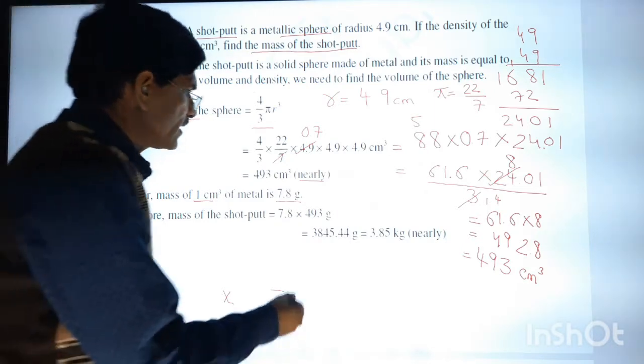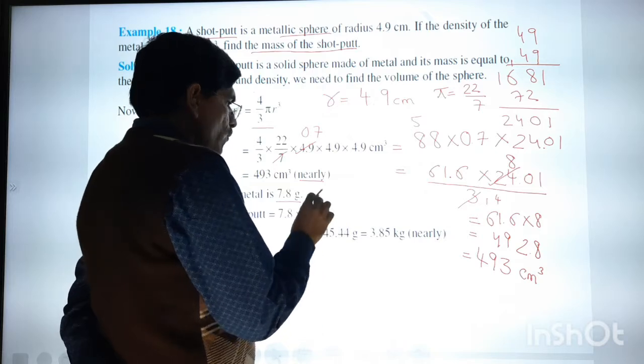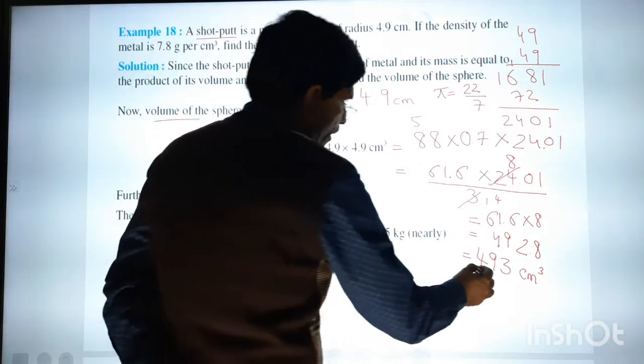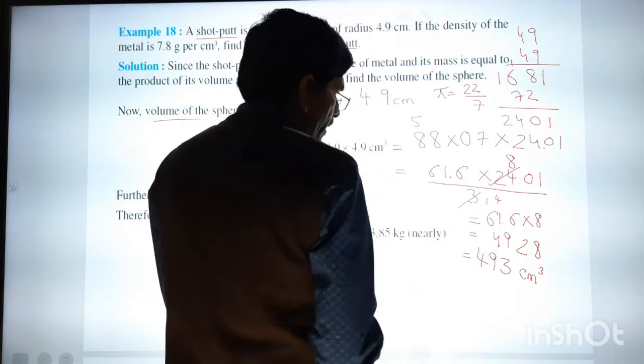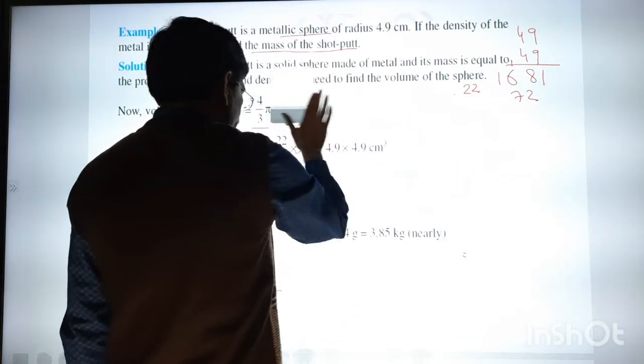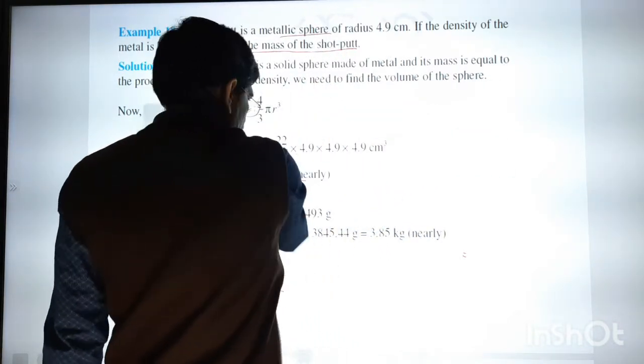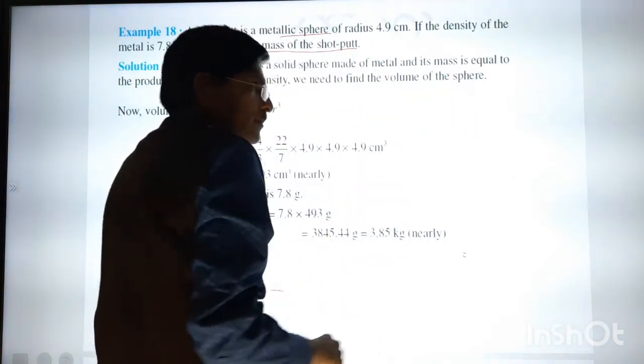Now let me see whether the answer is correct or not. So 7.8 into 493. Now what do I have to do? I have to multiply 493 into 78. Then we can get the answer in gram.